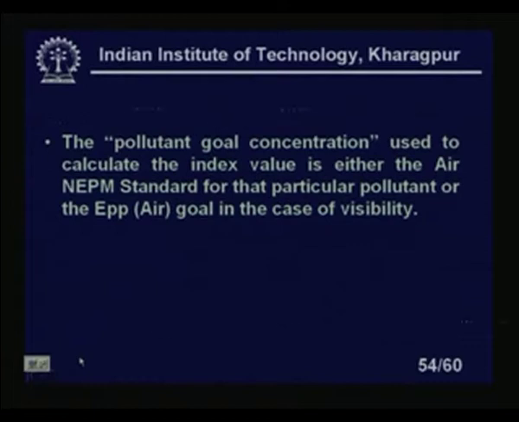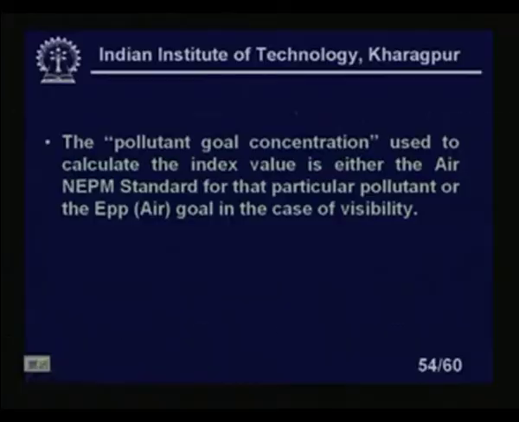The pollutant goal concentration used to calculate the index value is either the AAQ NEPM standard for that particular pollutant, or the EPP goal in the case of visibility. Visibility is most important, because if there are suspended particles or PM10, obviously it will reduce the visibility of a person.